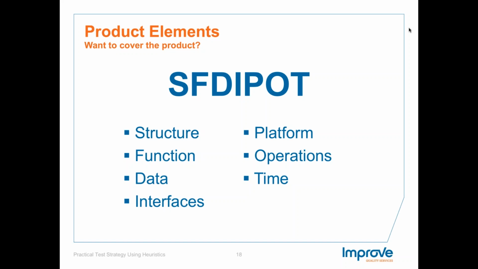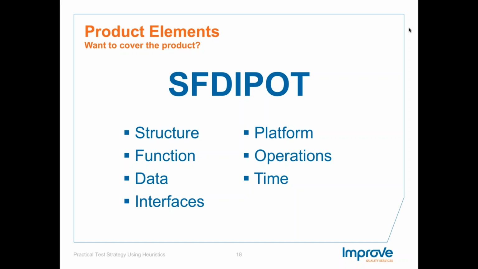And operations, how is the product used? So there are functions which state what the product can do, and operations help me think about how is the product used, what kind of different users do we have, how do they use the product, why do they use the product, and time.